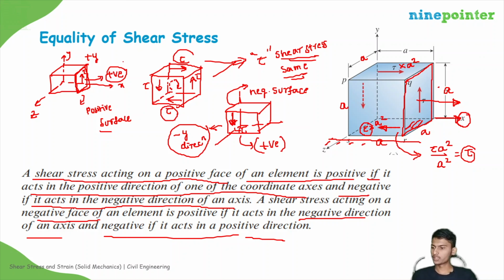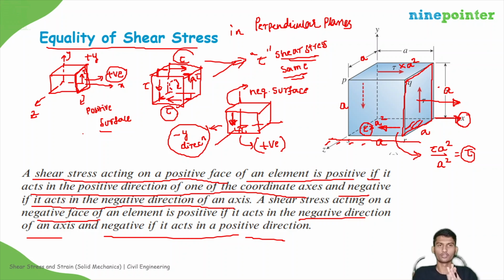So that is why we said equality of shear stress in perpendicular planes, right? This one and this one are perpendicular. This one and this one are perpendicular, right? So this is about the sign convention of shear stress and equality of shear stress.